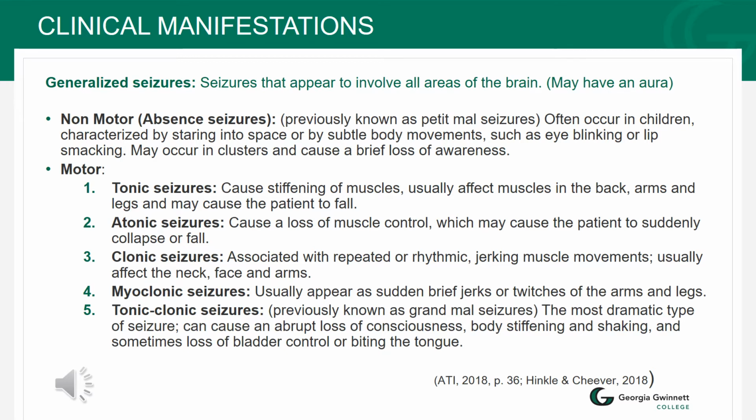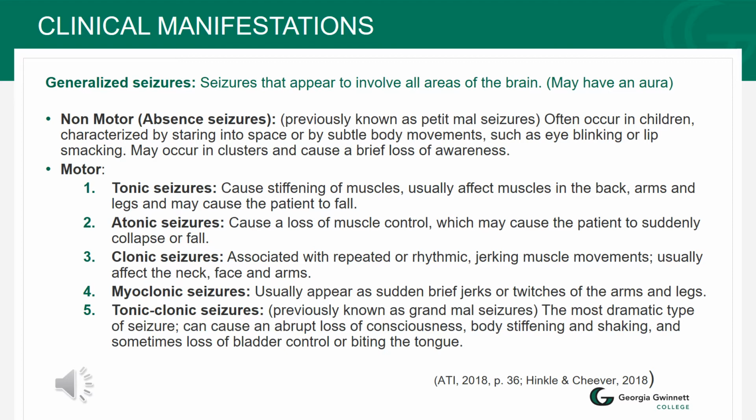You will see, or can see, that breathing may stop during that tonic phase and become irregular during the clonic phase. You may have your clients turn blue. They may have some cyanosis and some breathing irregularities. They will bite their cheek, bite their tongue, and that usually happens in the clonic phase.